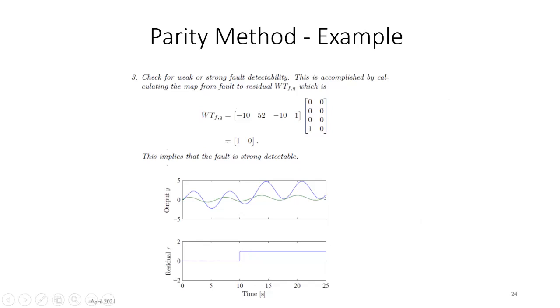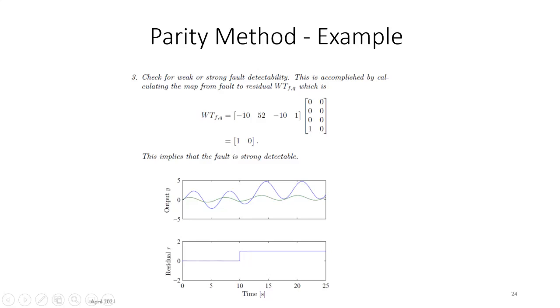If the coefficient of the fault is 0, then again it's useless, because the residual should be a function of the fault, and the transfer function from fault to residual shouldn't be 0, which here is not 0. And it's a constant value here, 1 and 0. It's not a function of time.